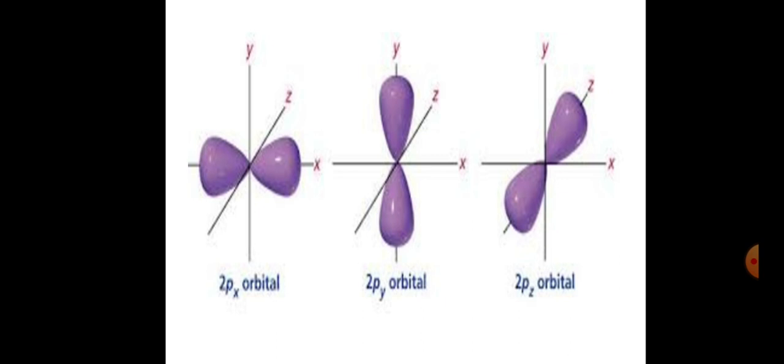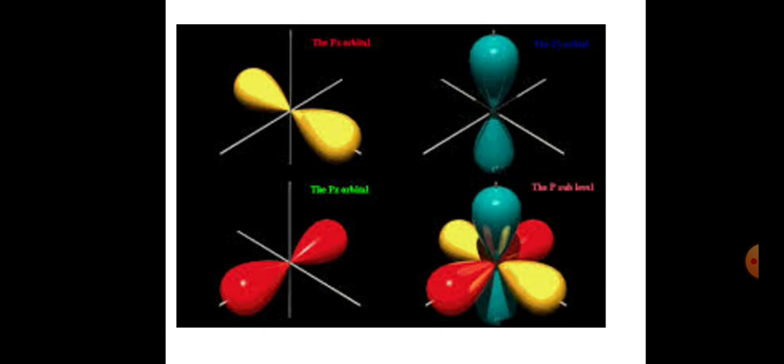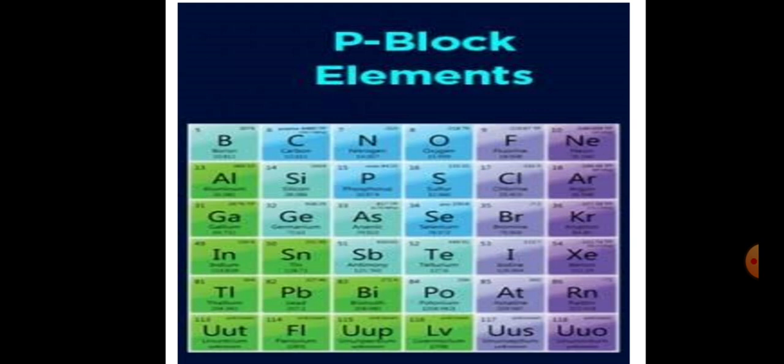So according to the axis, the name differs. So x-axis is a px, y-axis py, and z-axis is a pz. If you compile, this structure looks like a flower. You can see at the corner. Yeah, this is the entire p block, guys.